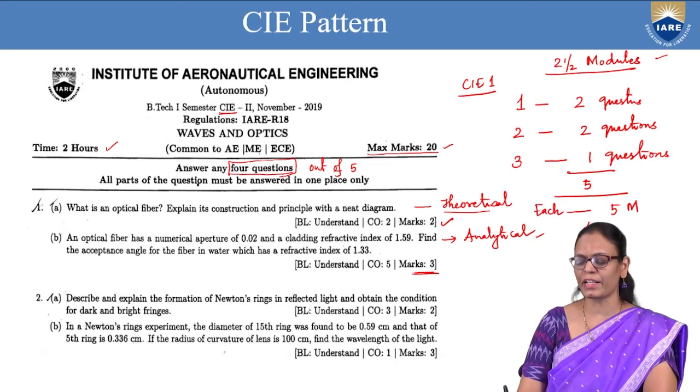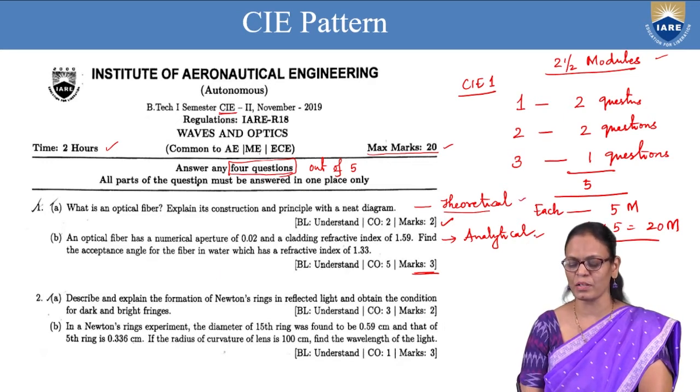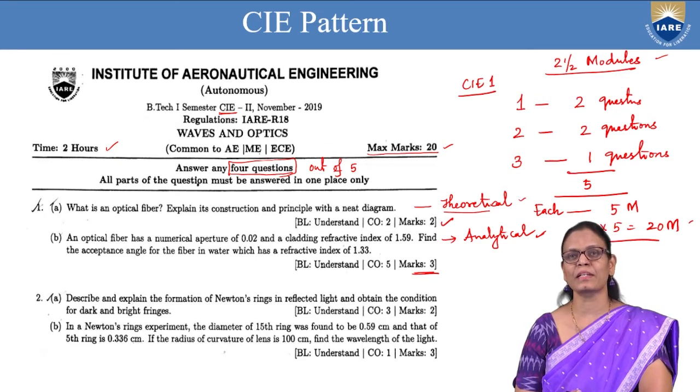You will be writing 4 questions, so 4 into 5, 20 marks. As simple as it is. In each question, you are answering 1 theoretical question and 1 analytical question. So 2 plus 3, 5. Four such questions will give you 20 marks. I hope this CIE pattern is clear.